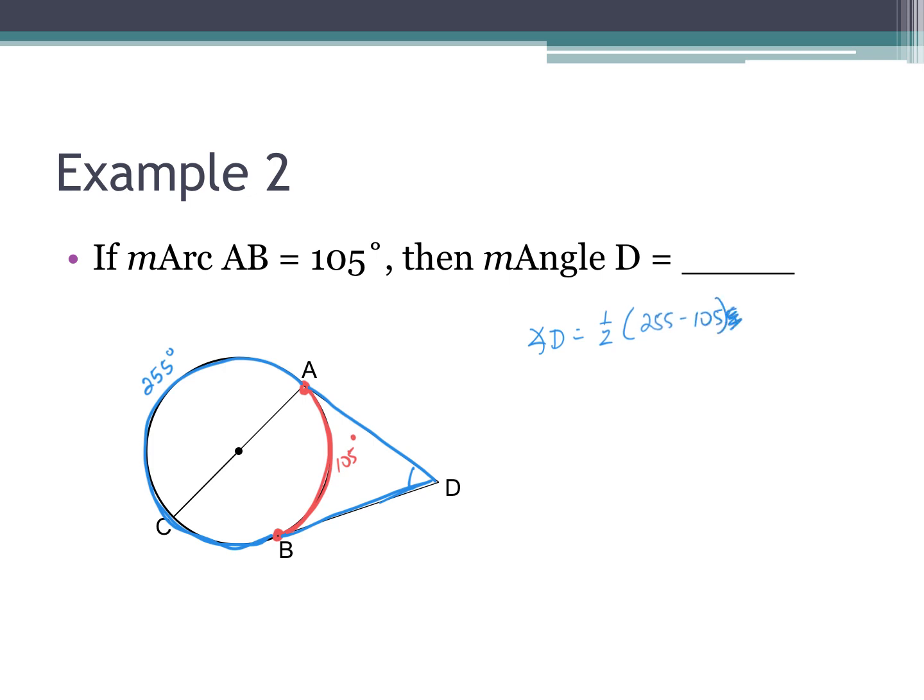And so it's 1/2, and this gets me to 150, which is 75 degrees. So I know that angle D is 75 degrees. That's the longer way.